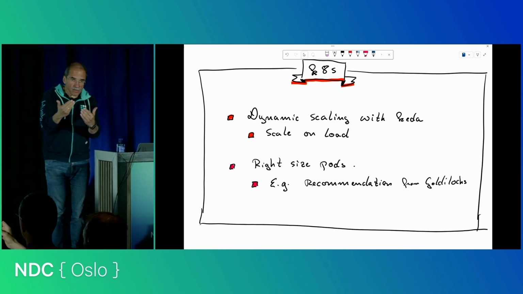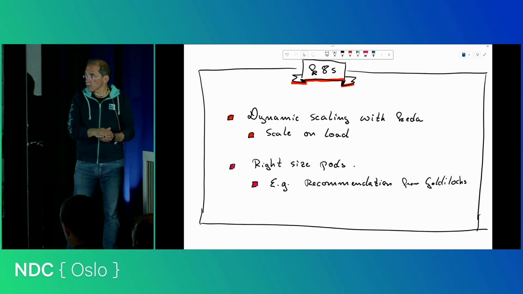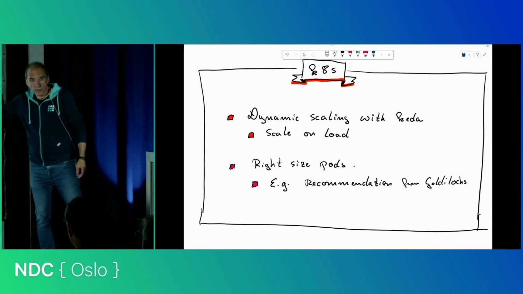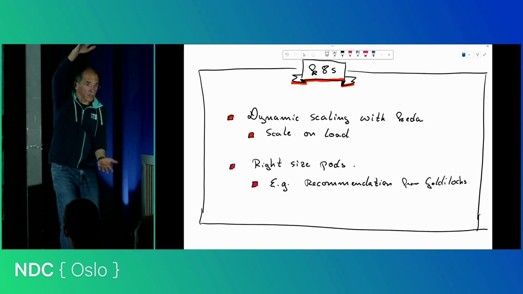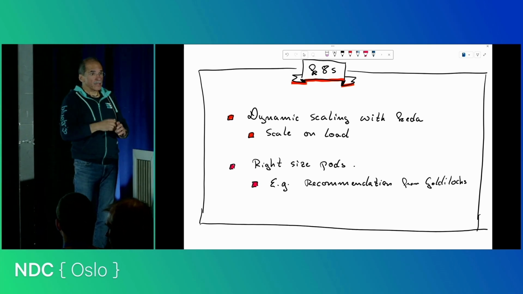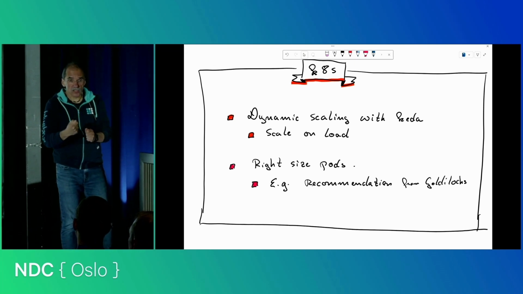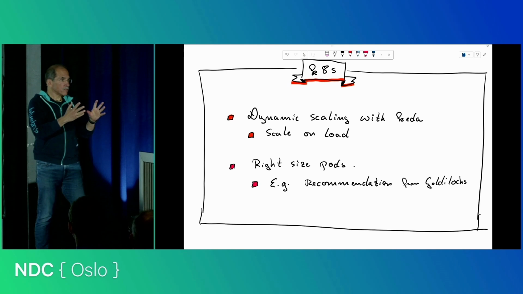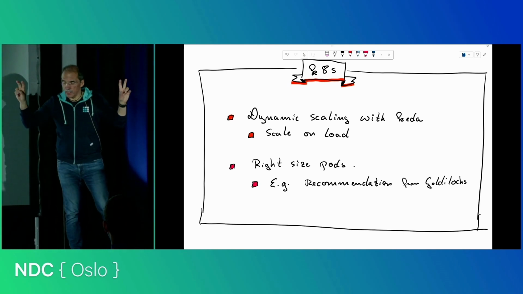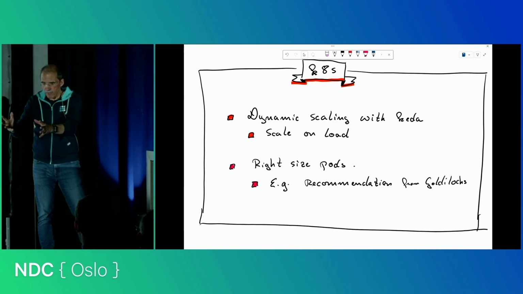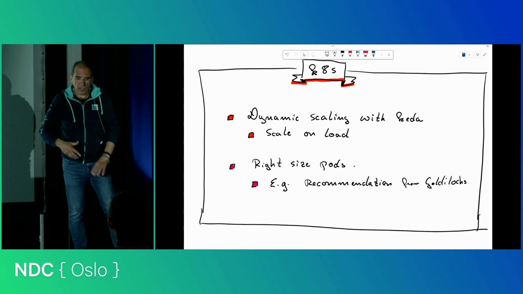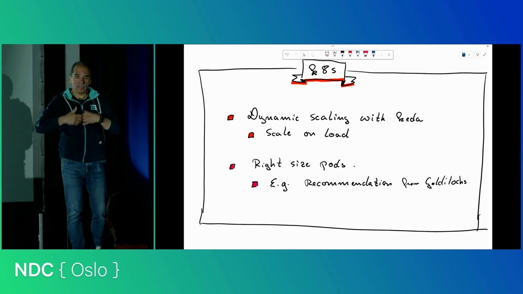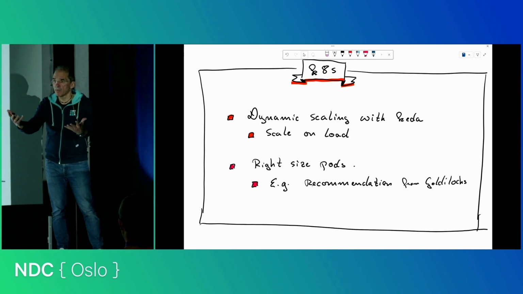And the next, what you can combine with them, there is the so-called vertical autoscaler. And Goldilocks is a tool which uses this vertical autoscaler and then gives you the right recommendations for your pods. Because usually you build an image and a deployment, and you have some templates, and in these templates there are some limits.